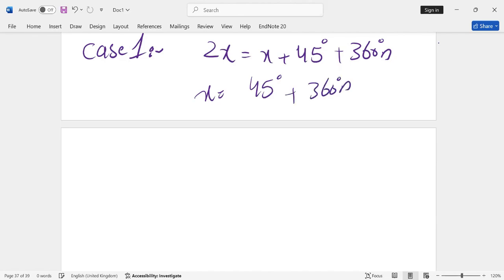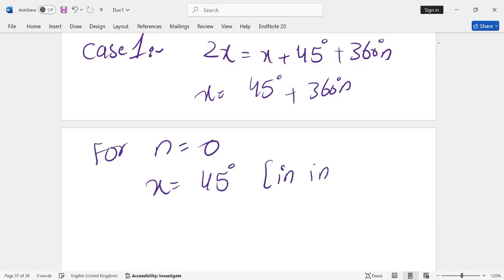For n equals 0, we have x equals 45 degrees in the interval. Okay?